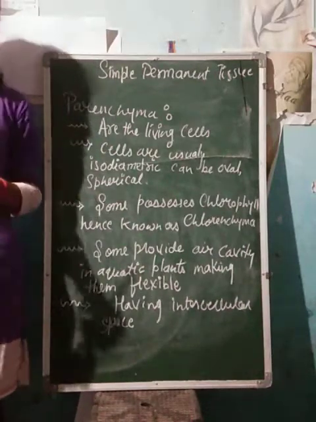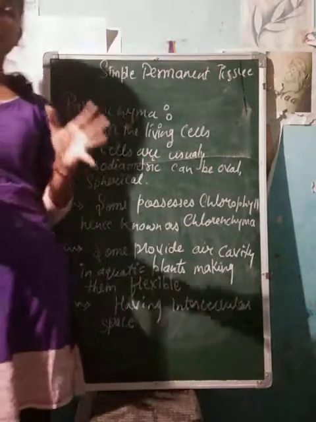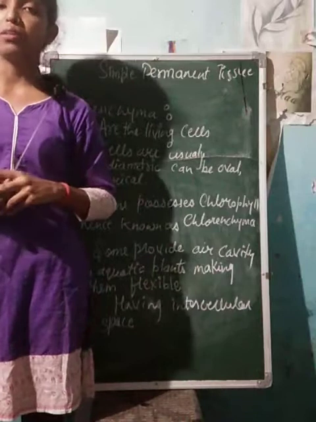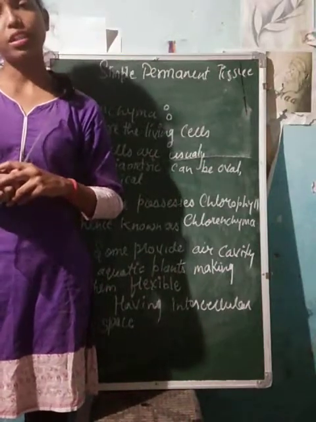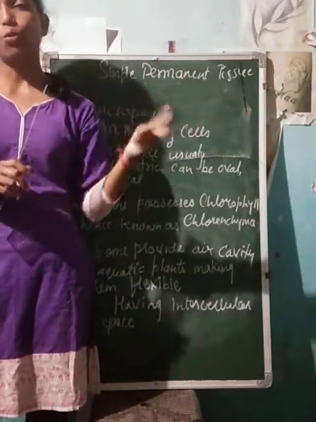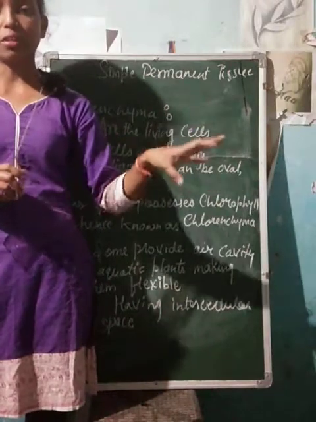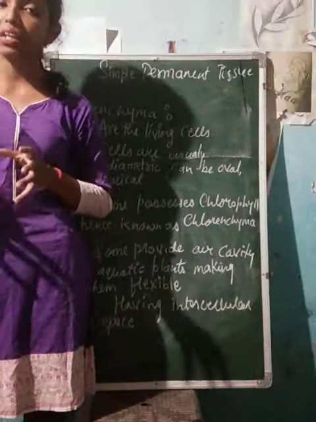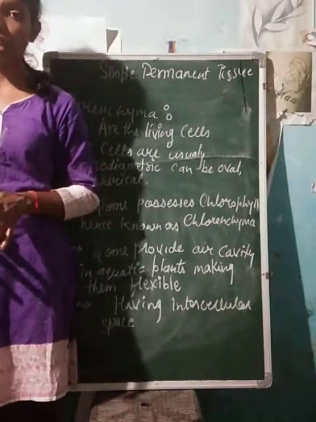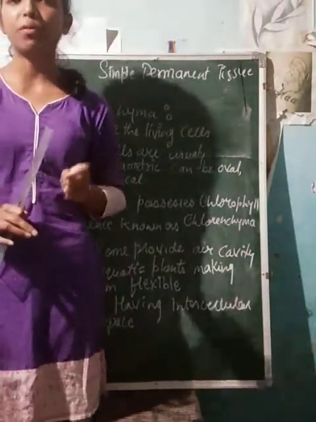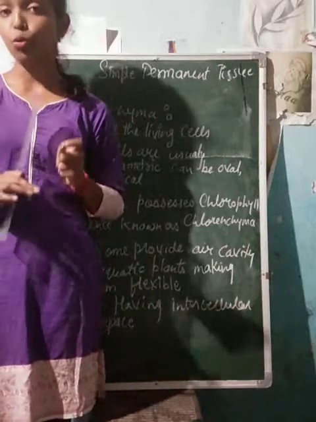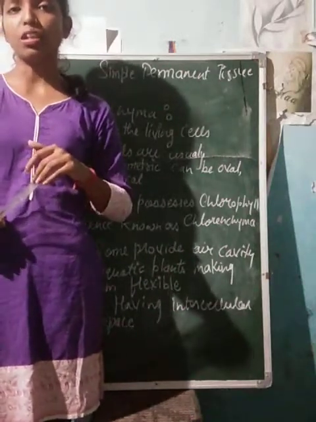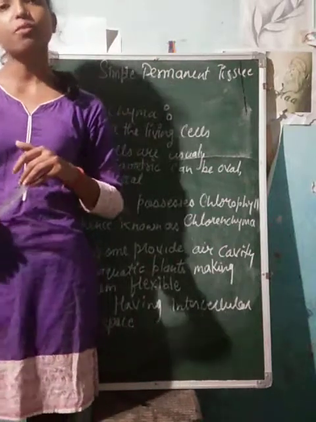Next, there are various types of parenchyma tissues present in the different parts of the plant. What these parenchyma tissues do we will study further in the function, but before that we should know that some of the parenchyma tissues possess chlorophyll within them. They have the green pigment within them, and I hope you know what is the function of the green pigment. The name is chlorophyll, yes of course. And what is the function?